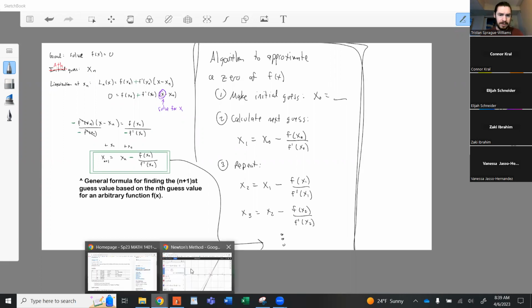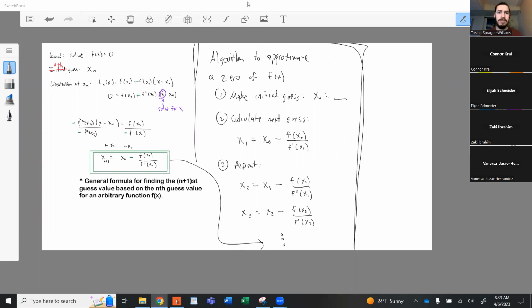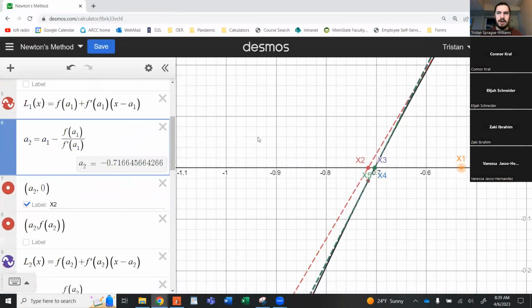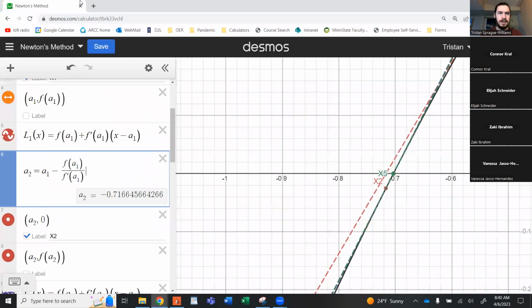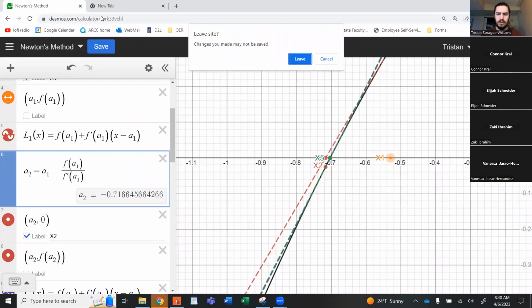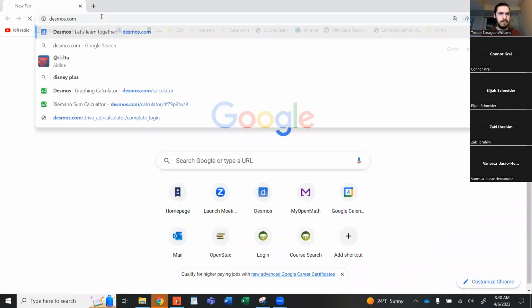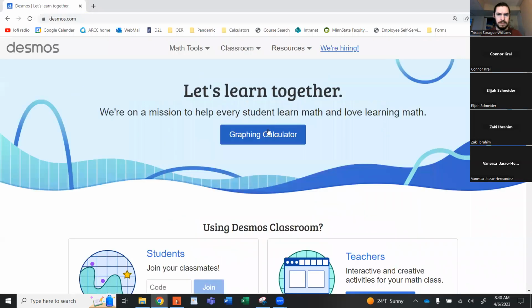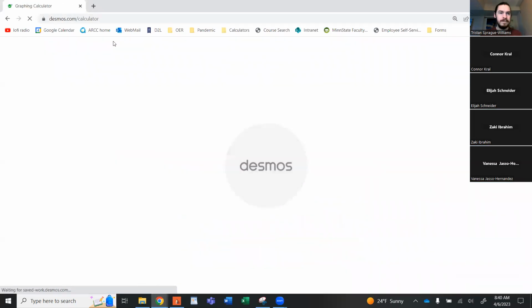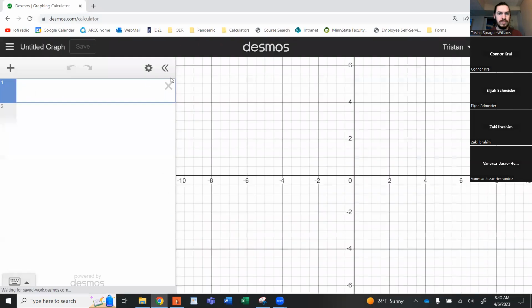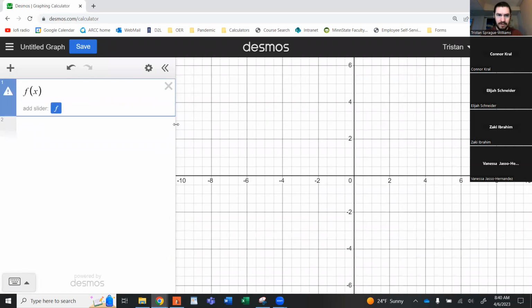Let's see what that would look like. So I'll bring this back here. Let's open a new one. You set f of x equals something.